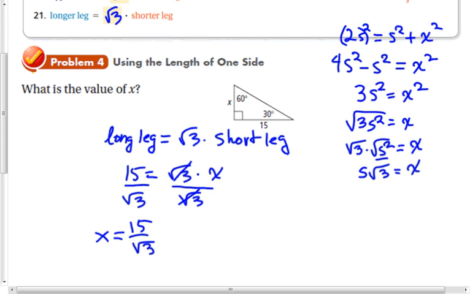Now, that's not simplified because of the square root in the denominator. So I'm going to multiply both the numerator and the denominator by the square root of 3 to rationalize the denominator. And that gives me 15 times the square root of 3 over 3. And then I'll just simplify 15 divided by 3 at this spot. 5 times square root of 3. All right, you try that.